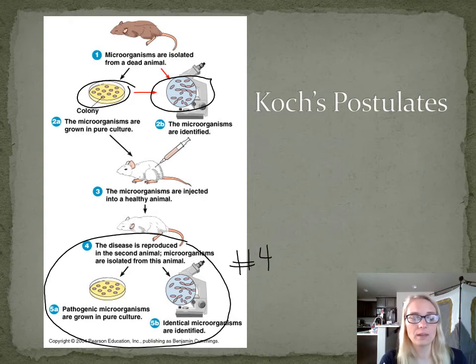If you can satisfy all 4 of Koch's postulates, then it is a good indicator that that particular pathogen is the cause of that particular disease. Okay, so that was Robert Koch's contribution to disease, making that connection between microscopic organisms and their ability to cause disease.